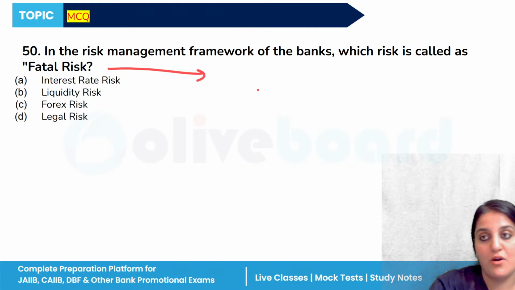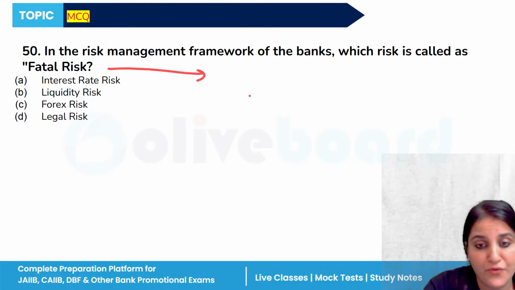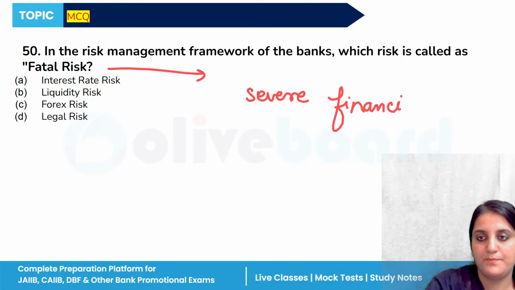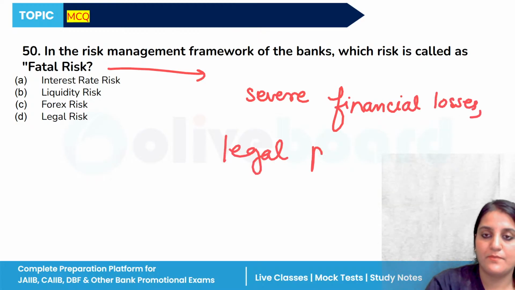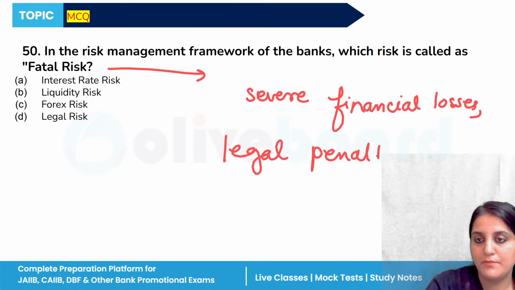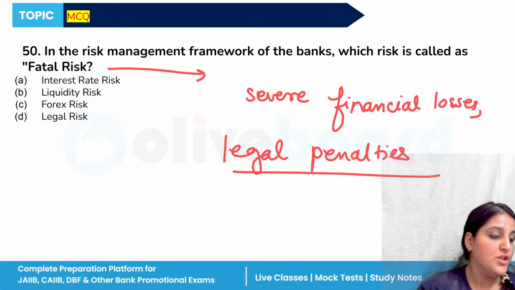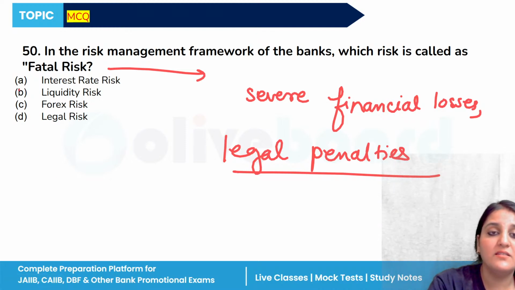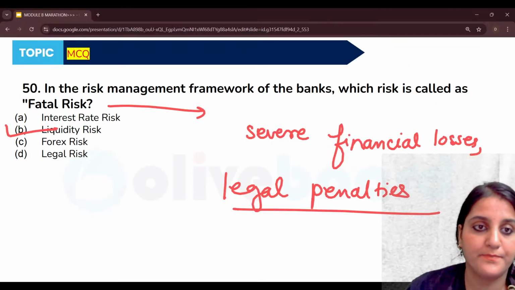If we talk in the context of a financial institution, it is associated with those types of risk that can lead to severe financial losses, legal penalties, reputational damage, or even insolvency of the institution. So here, liquidity risk is called the fatal risk.